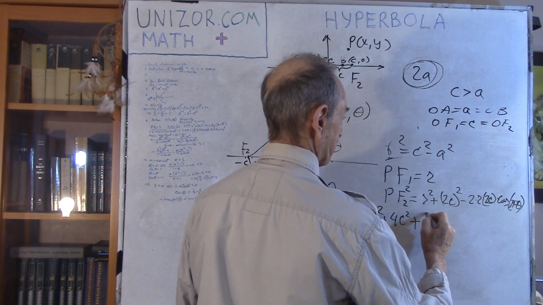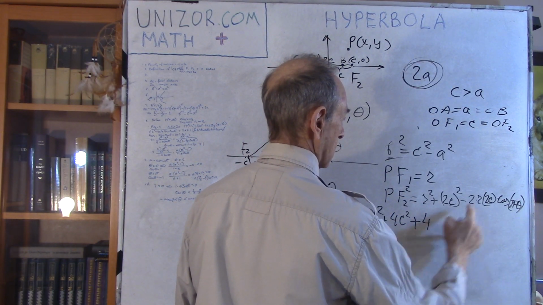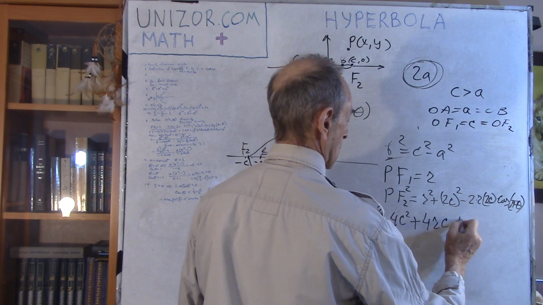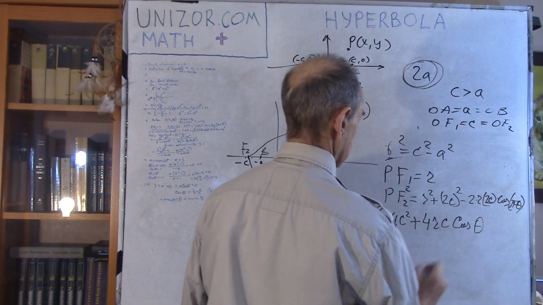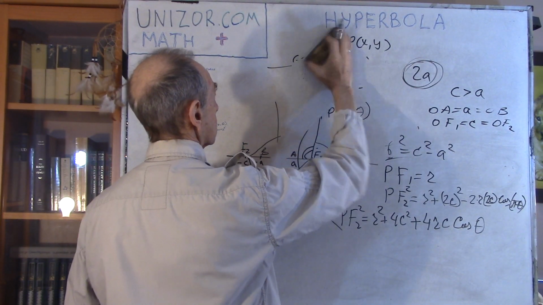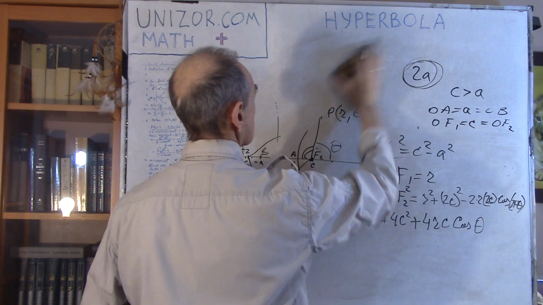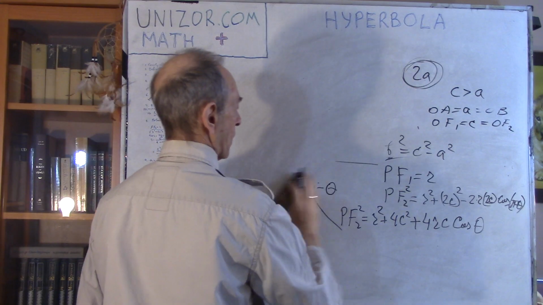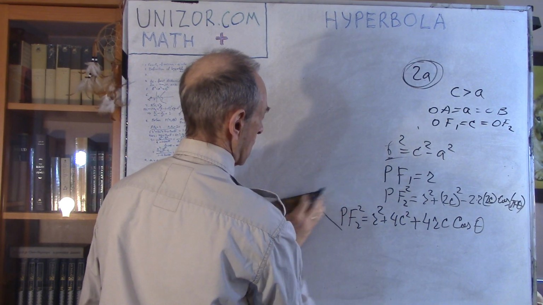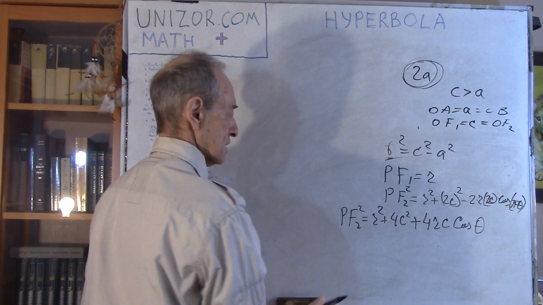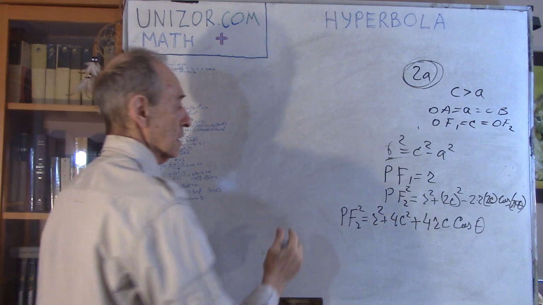So it's 4rc cosine theta. Okay, great. So now what we can do is just put that simple characteristic property of the hyperbola, that the difference between PF1 and PF2 is equal to 2a.